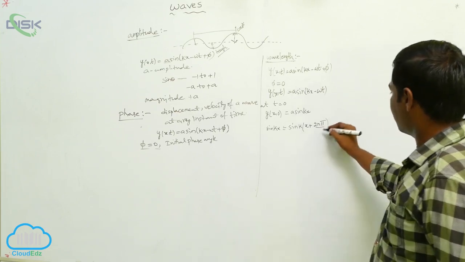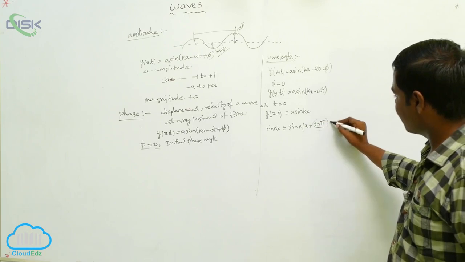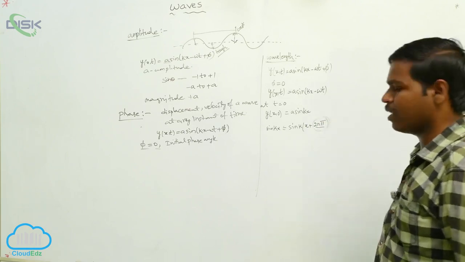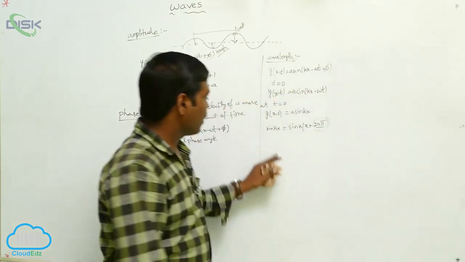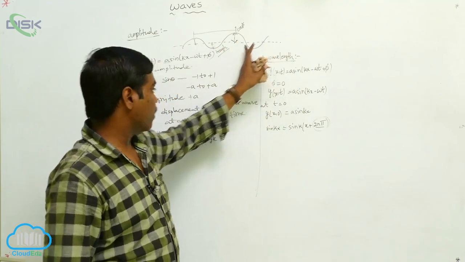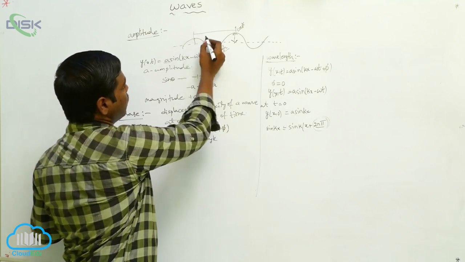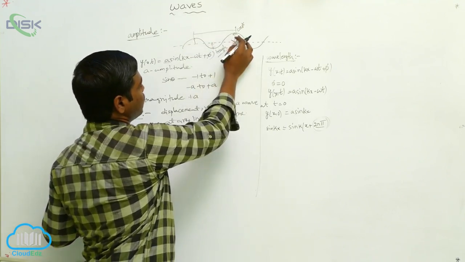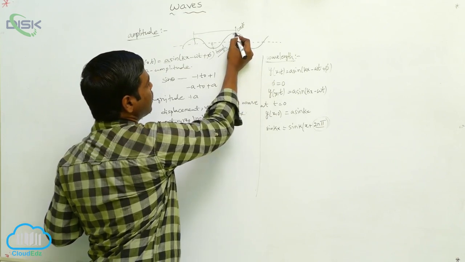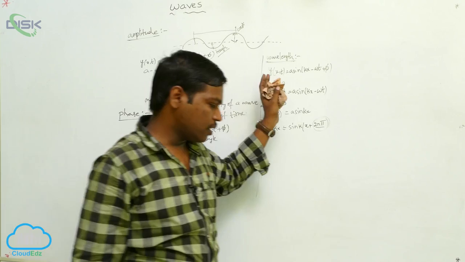For every 2 pi phase difference, the wave is at the same phase. Here the wave is at this position, then after a 2 pi phase difference the wave is again at the same position and moves along the same direction.